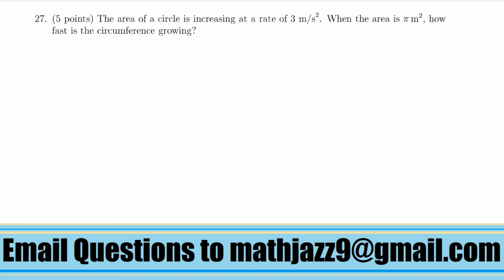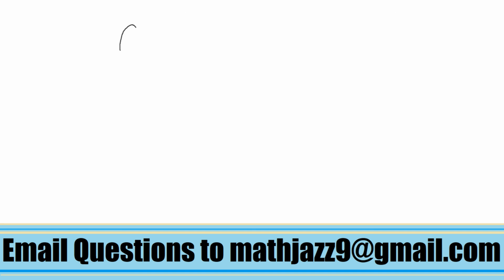We have a circle here, and we know that the change in area with respect to time equals 3 meters squared per second. We know that the relationship between the area, the radius, and the circumference is like so. Area equals pi r squared, and circumference equals 2 pi r.